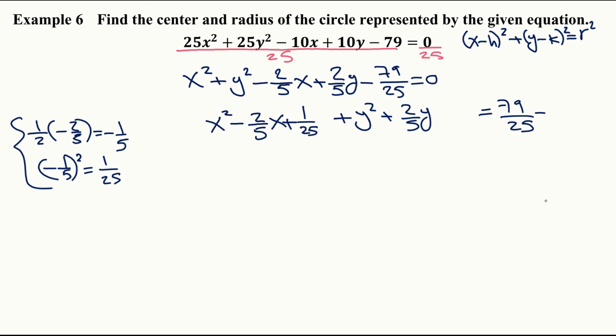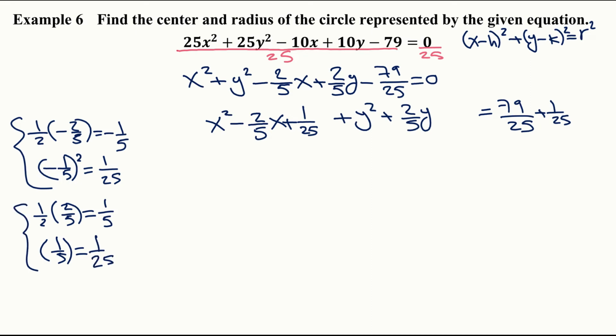So immediately we'll add that to the other side. And also for the y squared plus 2/5 y, we're going to complete the square. So we're going to take 1/2 of 2/5 again, which is positive 1/5 this time, and we're going to square that to get another 1 over 25. So we need to add 1 over 25, and here we're going to add another 1 over 25.